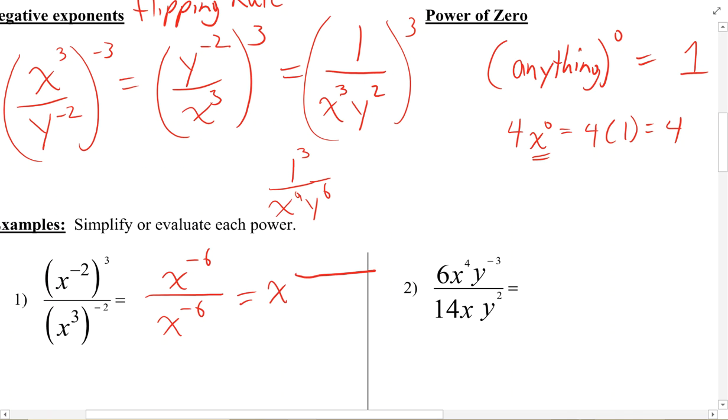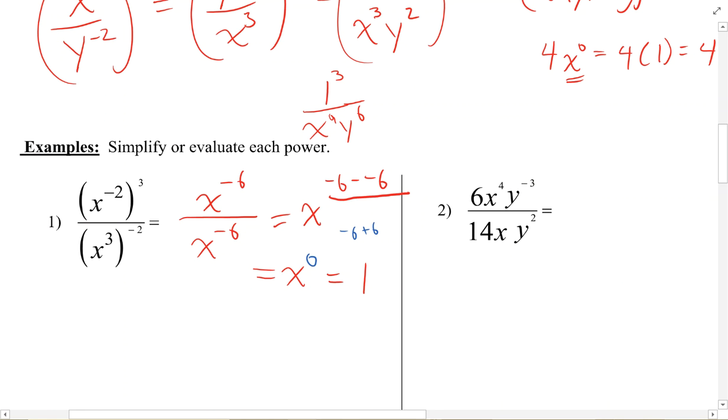You're dividing the same base. What do you do when you divide the same base? We subtract our exponents. So that equals x exponent what? Remember that's negative 6 plus 6, so x exponent 0. Altogether then the answer is 1. A wonderful question, isn't it?